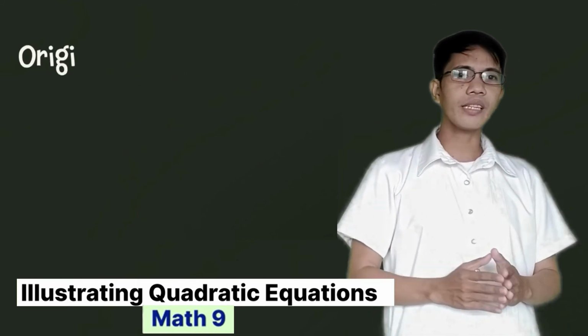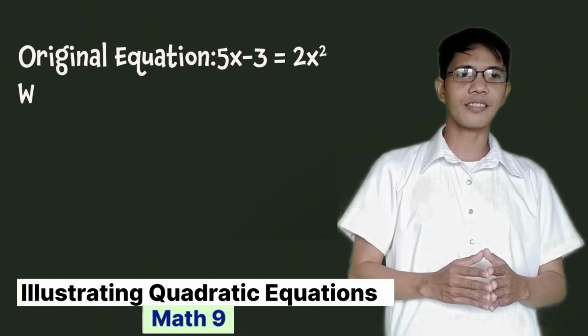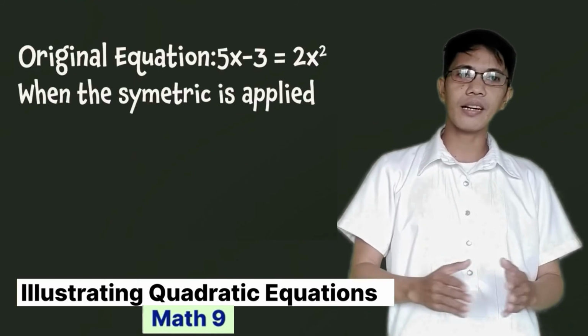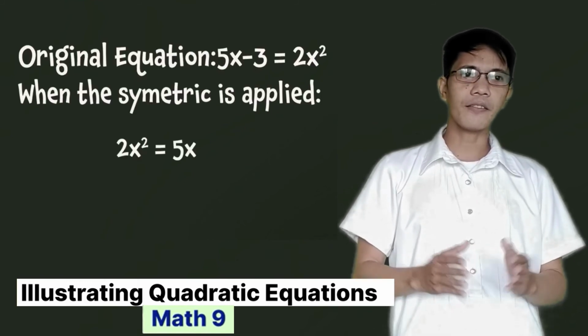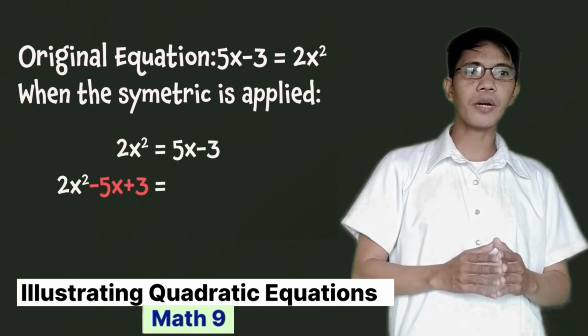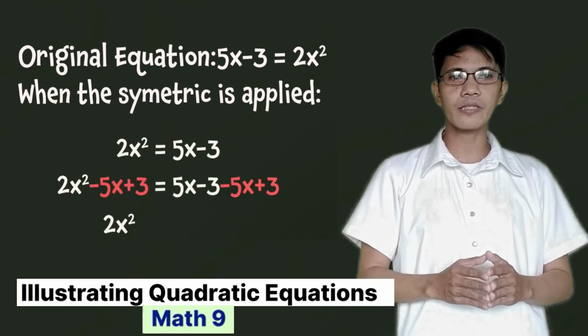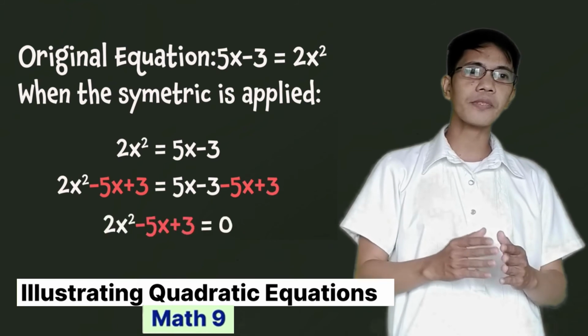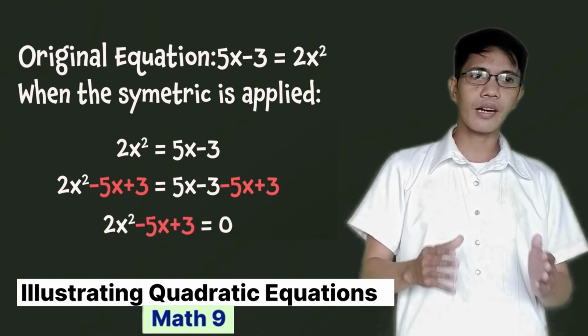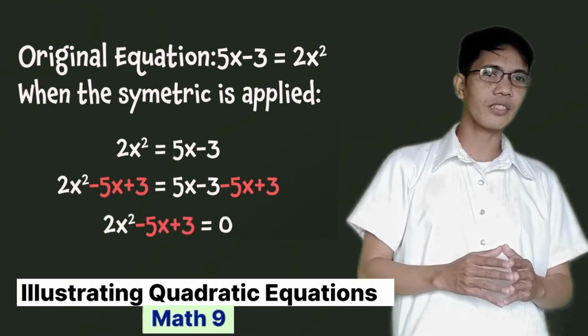The other way of writing the given equation in standard form is by applying the symmetric property, after which we can apply other properties of equality to place all the terms on the left side of the equation, thus the right side is just 0.